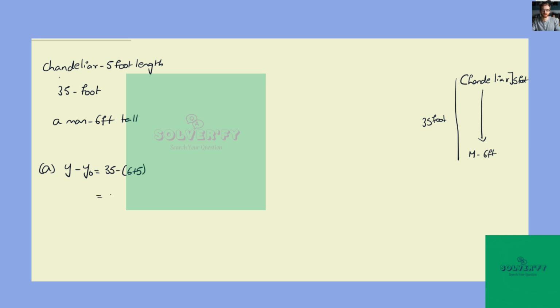So it's 35 minus 11, which means y minus y naught is 24. So v of 0, the initial velocity, is 0, and here gravity acts, so it is going to be 32.